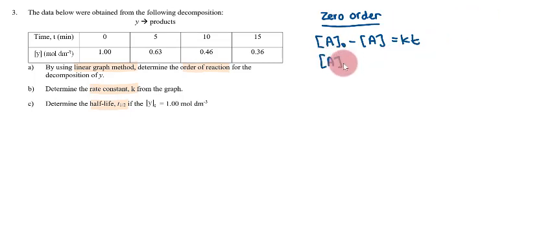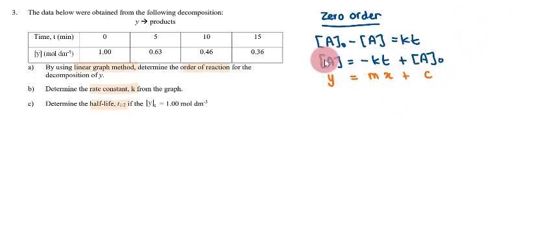So kita ada concentration of A is equals to negative KT plus concentration of A naught. So from here, kita akan dapat y equals to mx, the time taken is x-axis, plus C. Okay, so the concentration of A naught adalah pintasan Y lah.